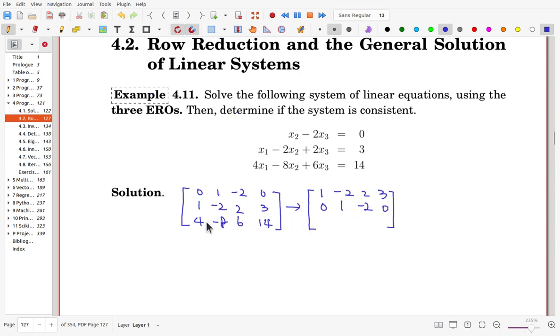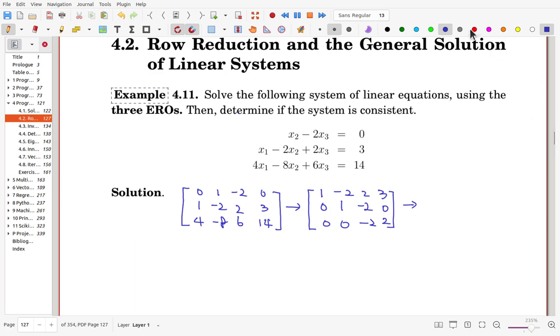Now for this last row, let's subtract 4 times this row from it. Then there will be 0, 0, minus 2, and 2. Now this last row can be scaled.